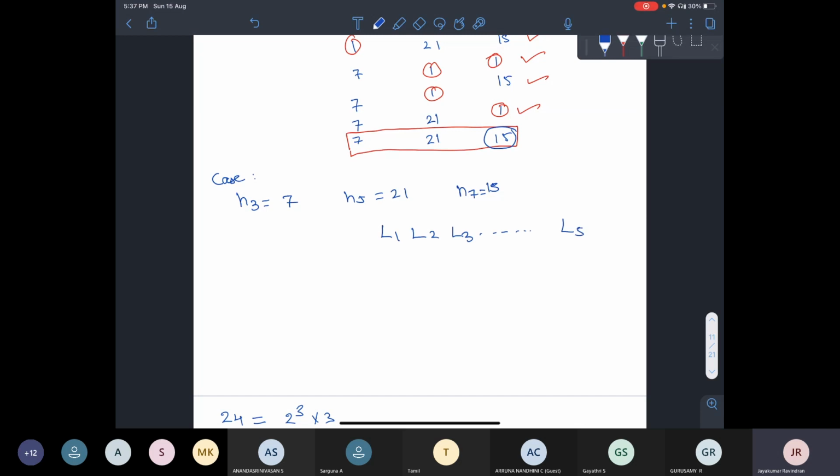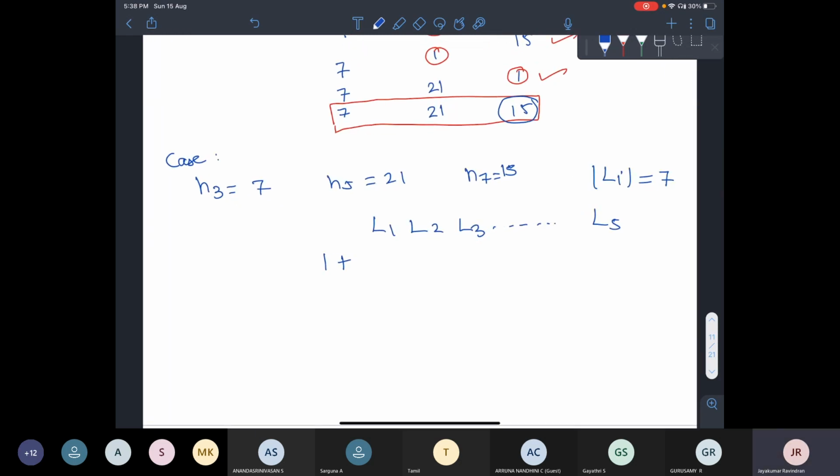Each Li has order 7, so I have 15 Sylow 7-subgroups. I get one identity, and 6 plus 6 plus 6, up to 15 times.